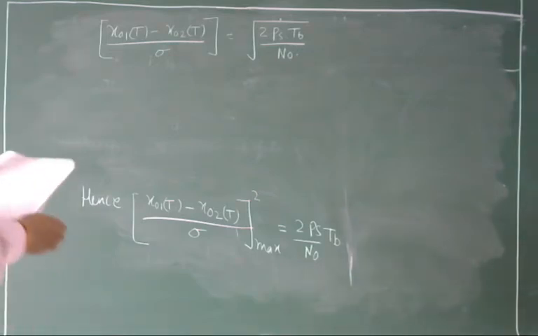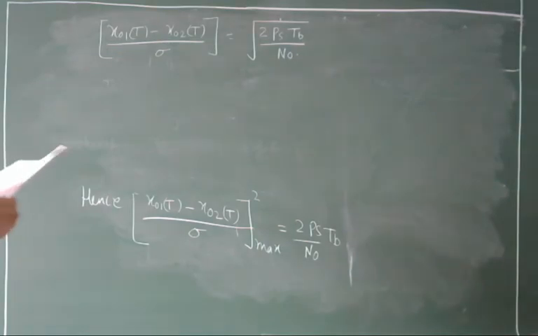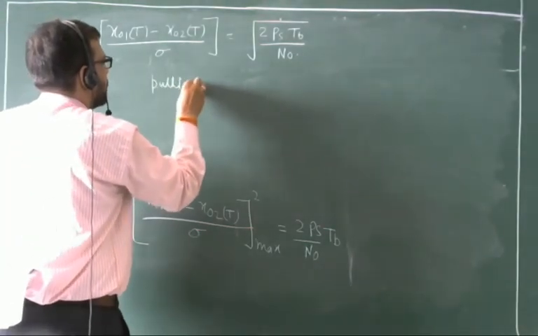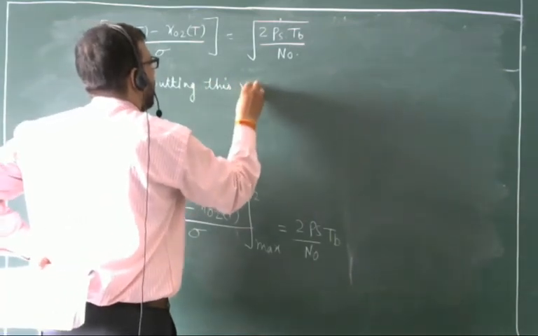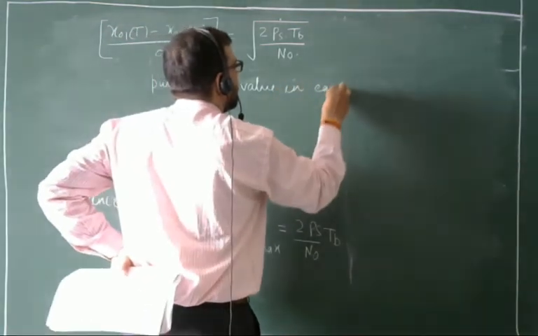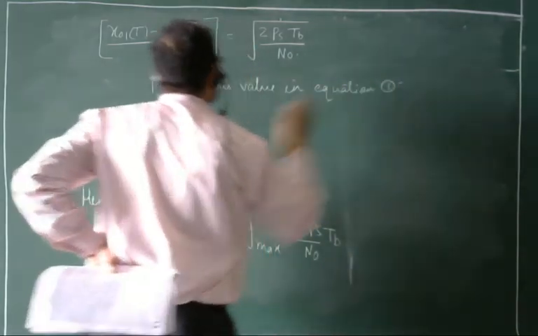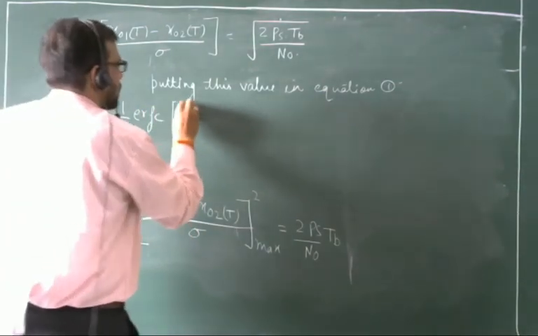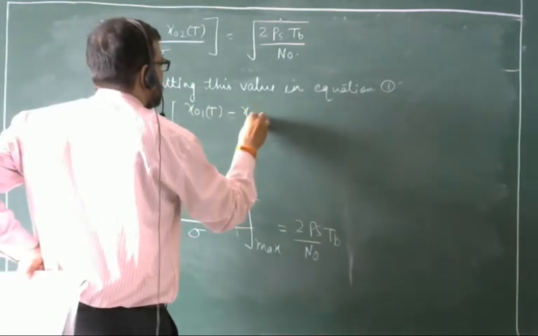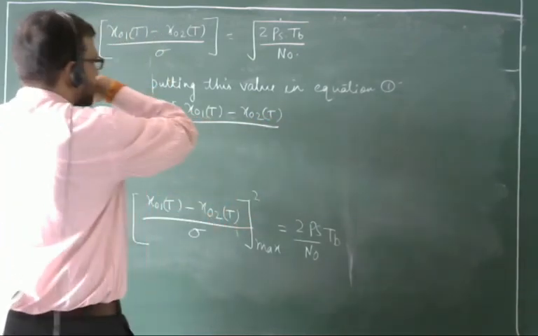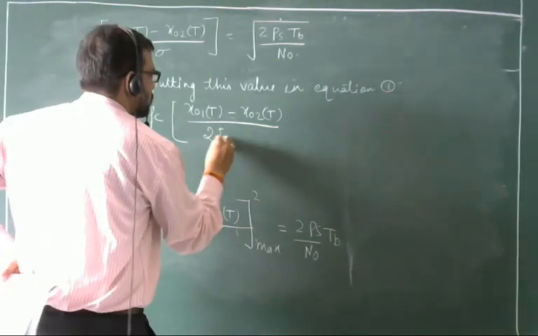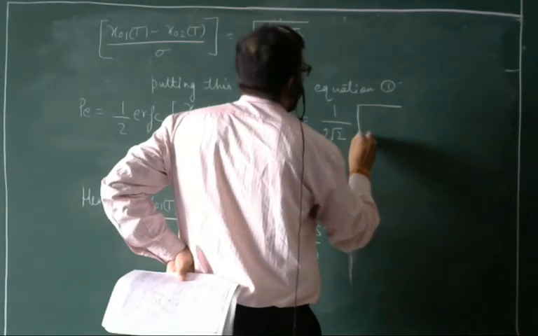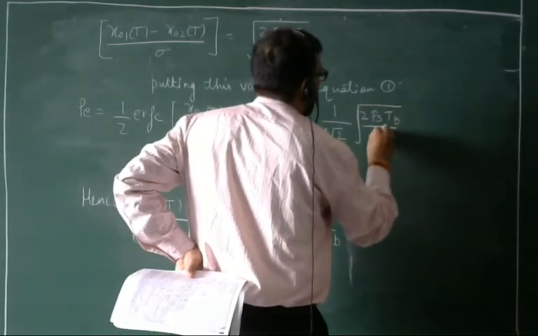Okay, now putting this value in equation 1, that is, Pe is equal to half of error function x1(t) minus x0(t) upon 2 root 2 sigma is equal to 1 upon 2 root 2 under root 2 pi Tb upon N naught.